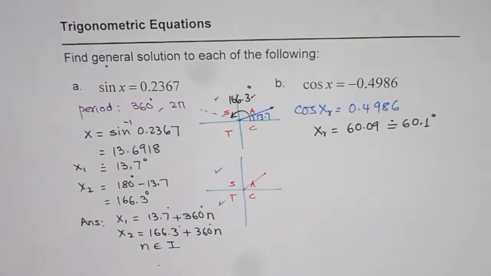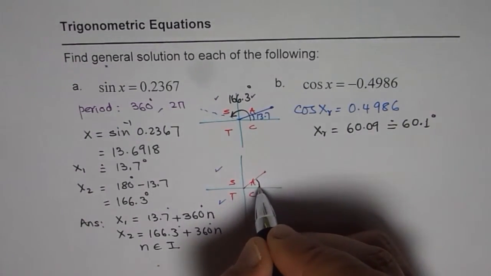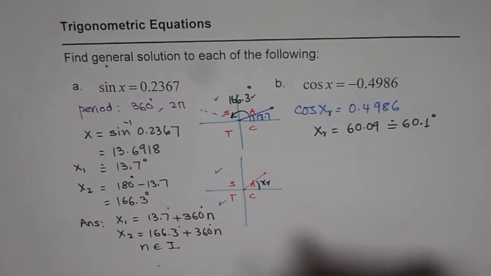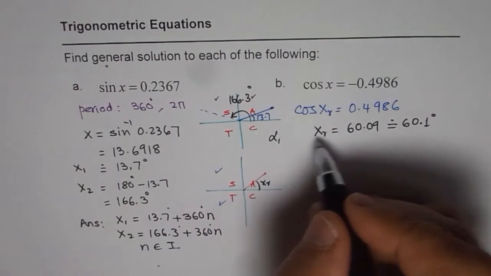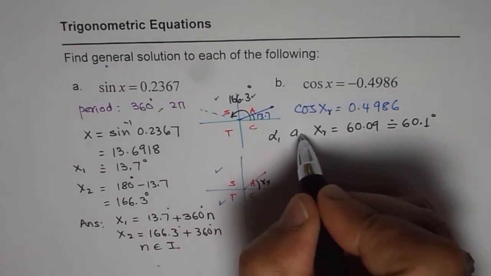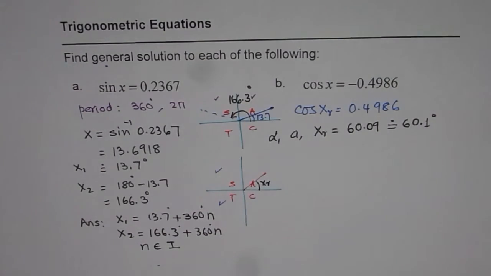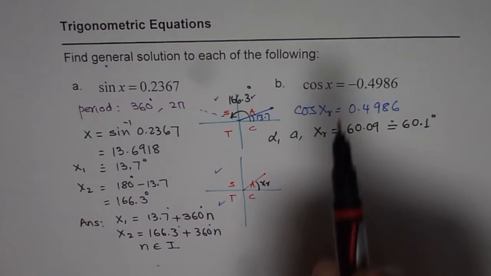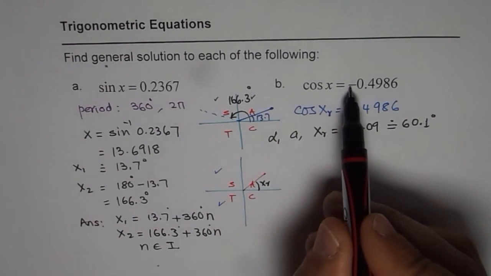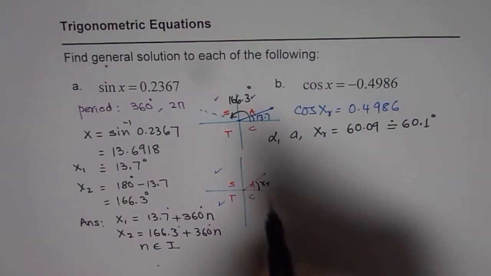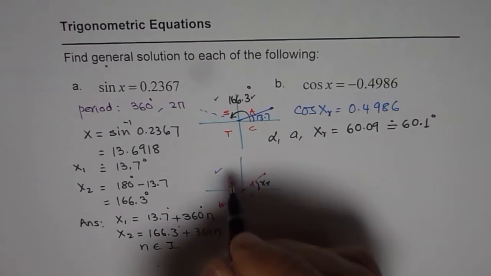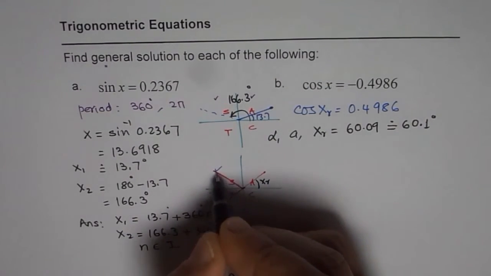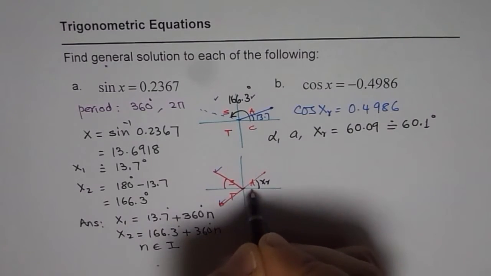We can call it XR, alpha, or just a, the acute angle. Once we have found this, we find the solutions for cos x equals negative 0.4986. These are two values: one in quadrant 3, the other in quadrant 2. So these are the two answers.